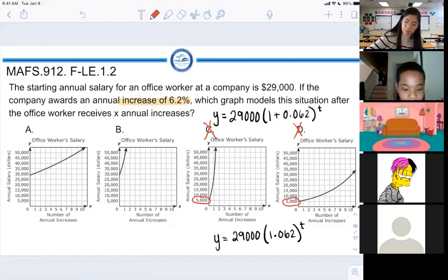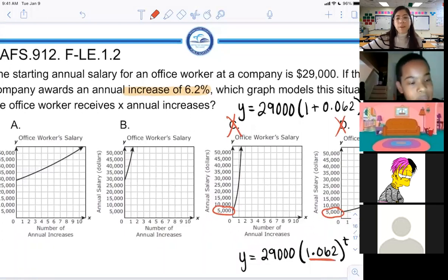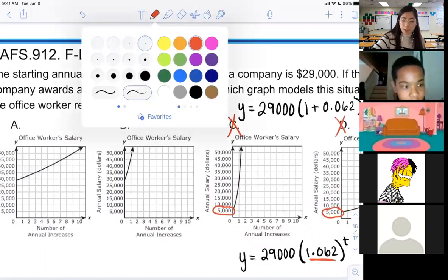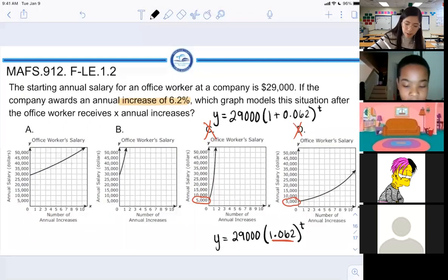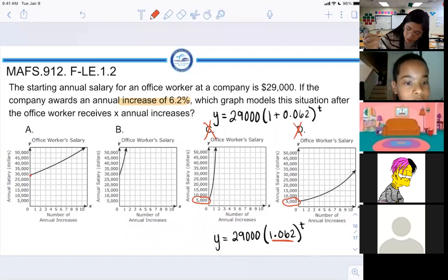Okay, so now I'm looking at these two, and I know that my growth rate is 1.062. So we can do a couple of things. One thing that I can do is check, because I know that the first point is correct. I know that this is about 29,000, right? For both of them.